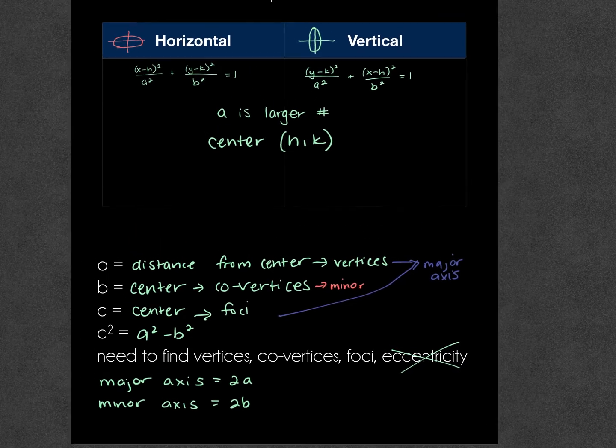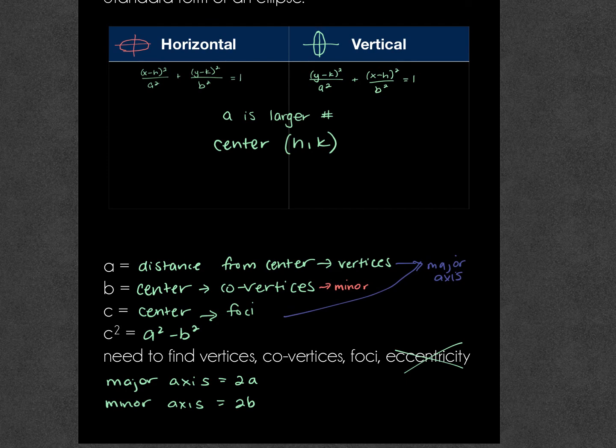So just like with the parabolas, 2 different types of questions with ellipses. You're either going to get the equation, and it's going to ask you to identify the center, the vertices, the co-vertices, the foci, and graph it. So this is a big one. I can't remember how many points I put on it, but it's a good amount of points on something like this because that's multiple parts.